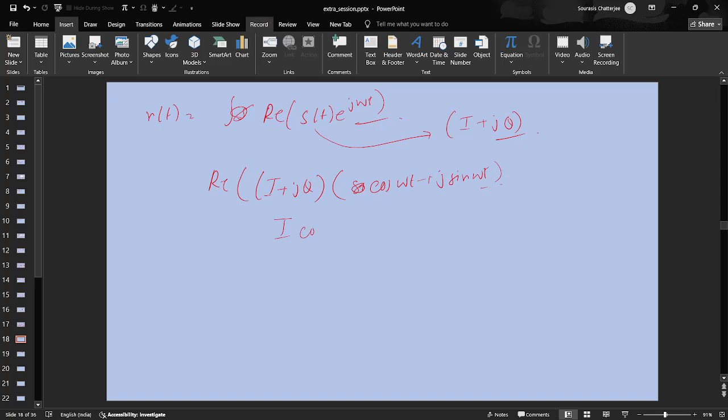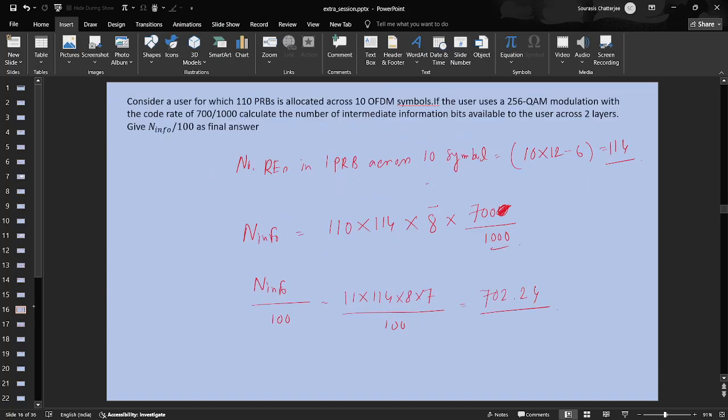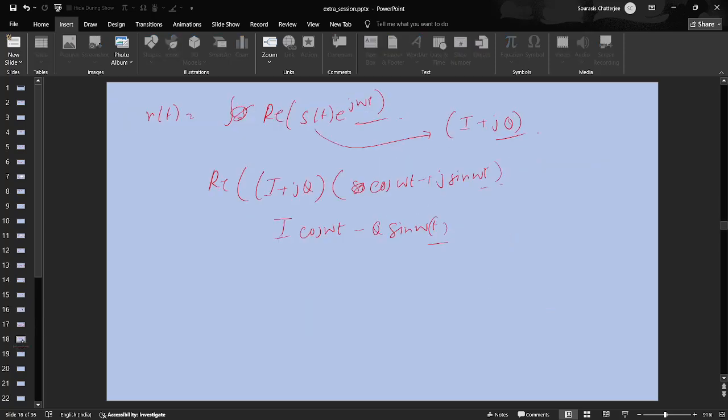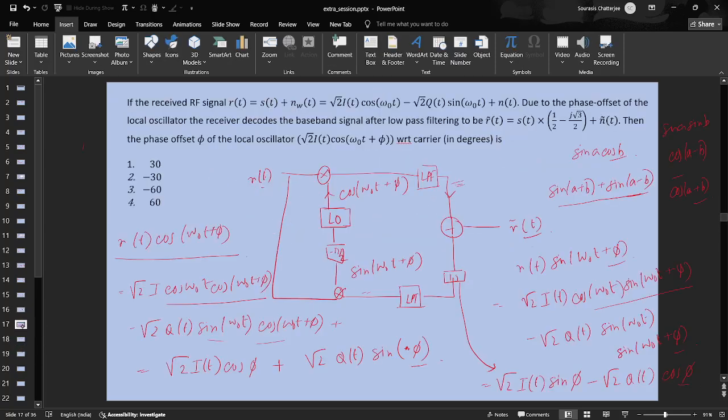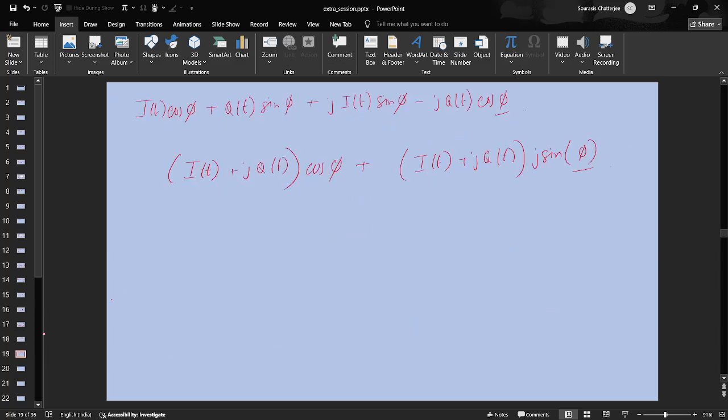It's I cos omega t minus q sin omega t only. I should be able to write it in this form.